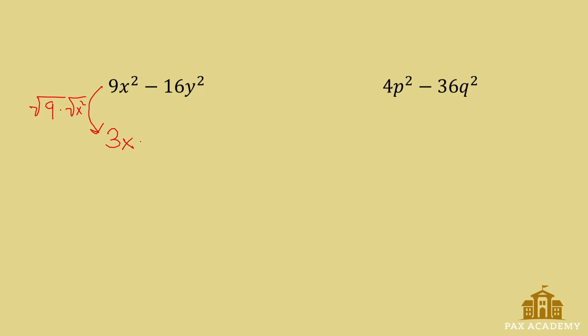And this gives us 3x. For the second term, we're doing the square root of 16 times the square root of y squared. So we know that the square root of 16 is 4, and the square root of y squared is y. Okay, so now we have both terms that we need. So again, in the first bracket, we add them together, and in the second bracket, we subtract them.